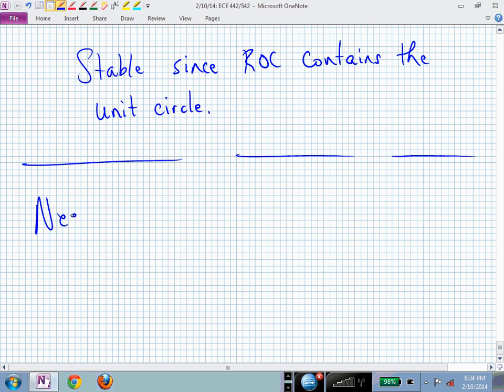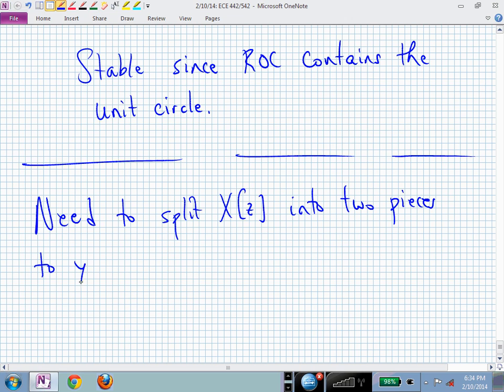We first know that we need to split capital X of z into 2 pieces in order to give us the 2-sided time domain sequence x of n.